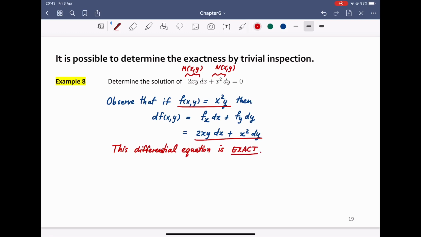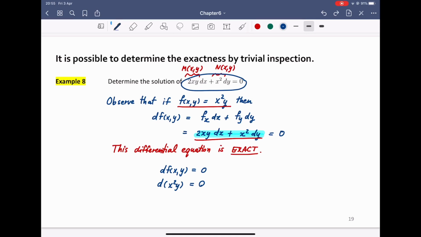When we have an exact differential equation, the solution is super easy, because on the right hand side here, 2xy dx plus x squared dy is assumed to be 0 by the given equation, and that will leave you df(x,y) equal to 0. In other words, you have d of x squared y equal to 0, because here f(x,y) is equal to x squared times y.